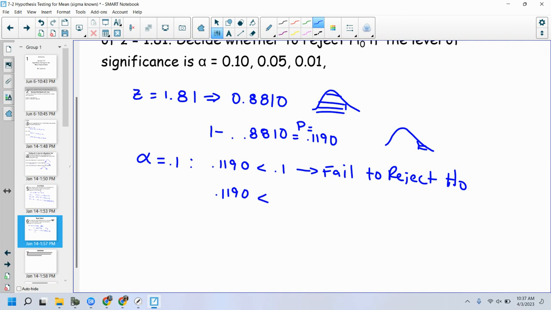No. So 0.1190 is not going to be less than 0.05 or 0.01. Does that make sense? If you try to make it a stronger statement, I'm still going to have to fail to reject, right? And my goal is to reject the null, because that's the more definitive statement.